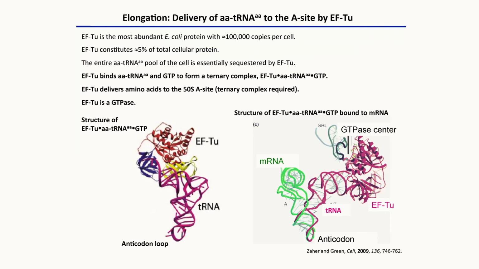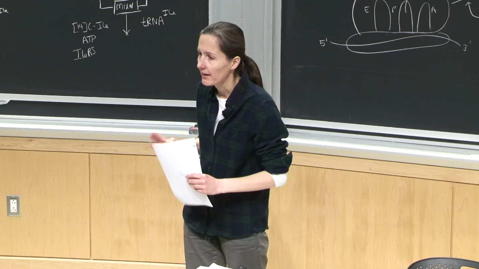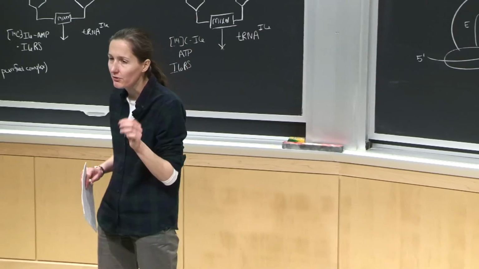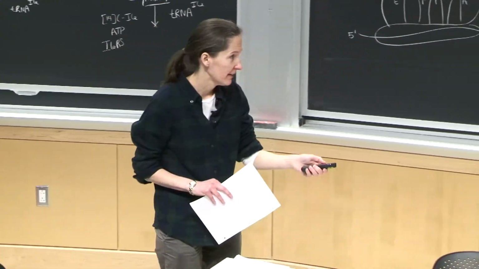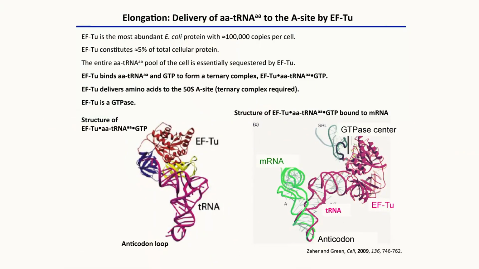As I said, EF-Tu is a GTPase. Where is the GTPase center? That's up here. This GTPase center of EF-Tu is quite far from the tRNA anticodon down here, about 70 angstroms.